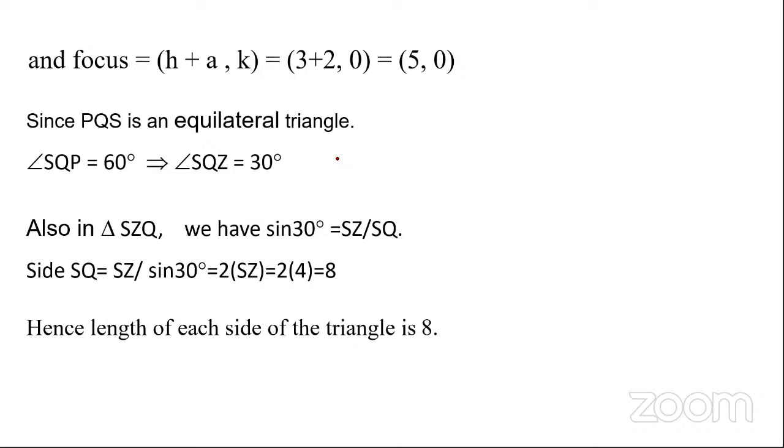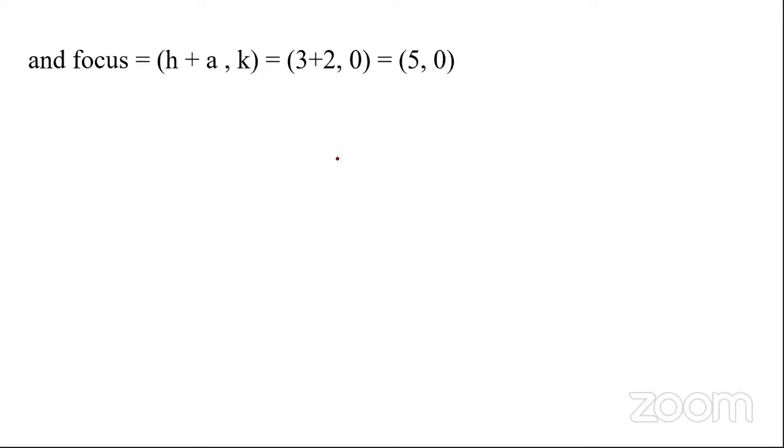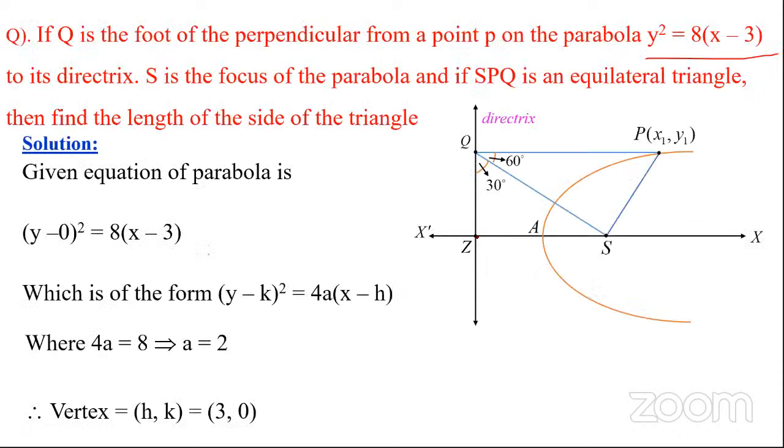SZ value is 4. That is, the length of each side of the triangle is 8. How can you find the SZ value? This value is 4, as given here.